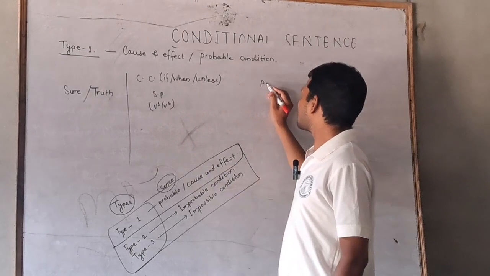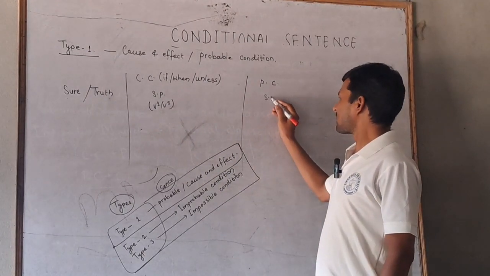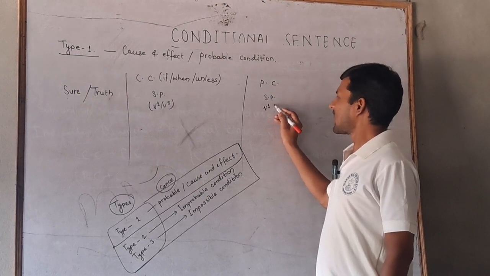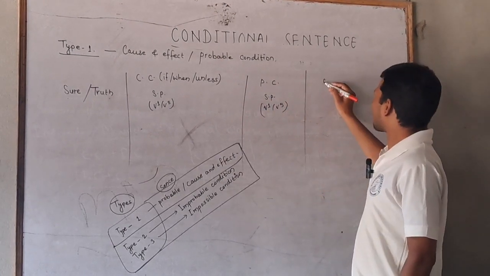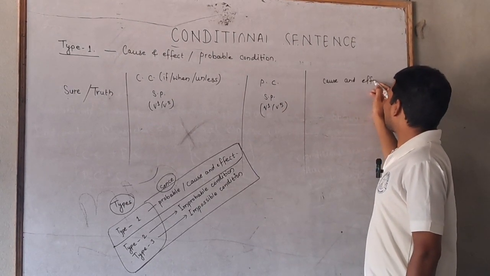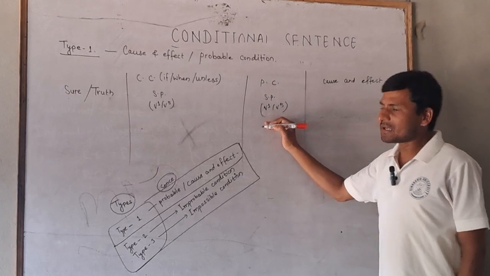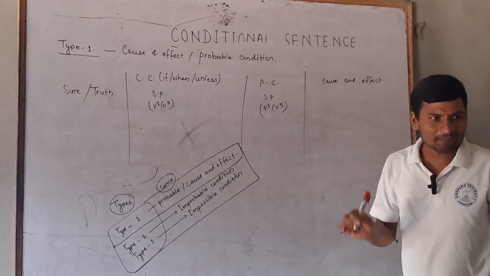And in PC, principal clause, also you can use simple present tense, verb 1 and verb 5. It says it has cause and effect.